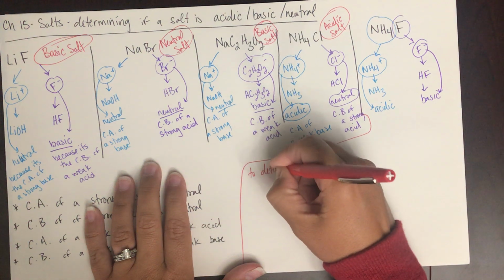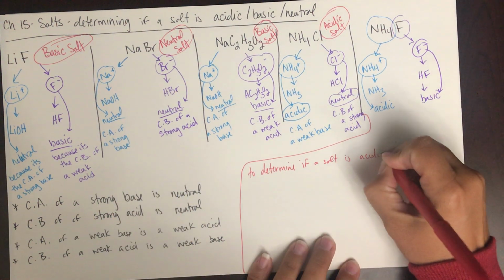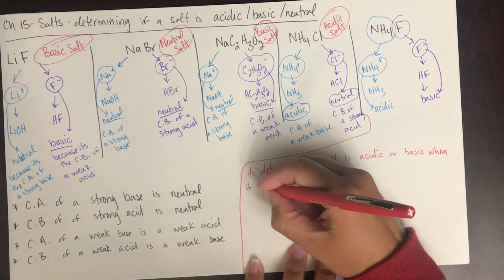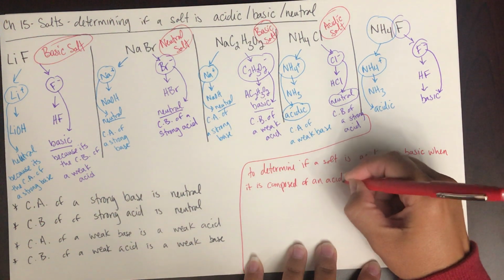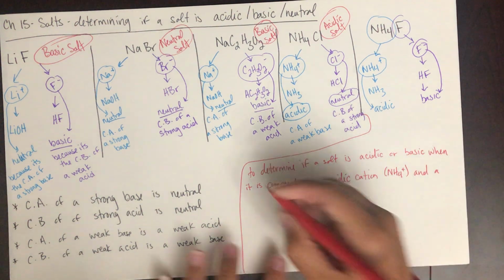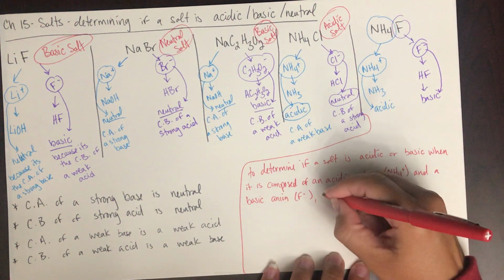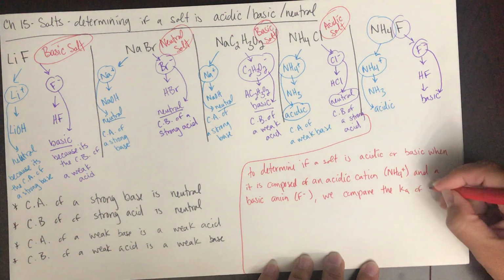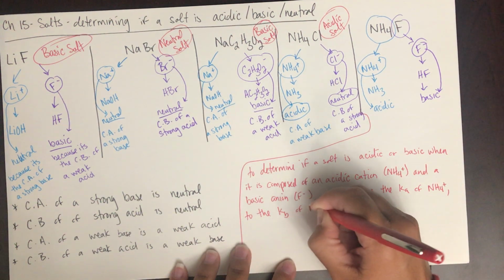So, to determine if a salt is acidic or basic, when it is composed of an acidic cation, ammonium in this case, and a basic anion, the fluoride ion in this case, we compare the Ka of the weak acid, NH4+, ammonium, to the Kb of fluoride.